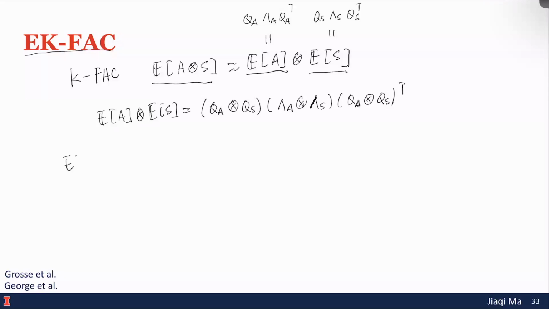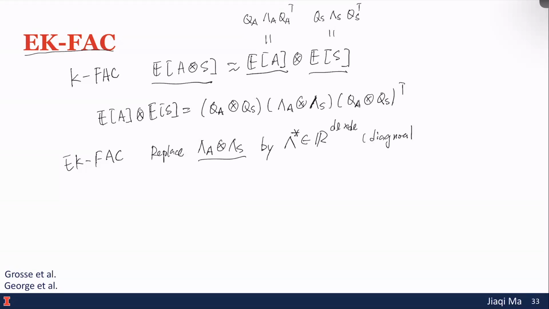So what EK-FAC is doing is basically to replace this lambda A Kronecker product lambda S, which is still a diagonal matrix, by another diagonal matrix, lambda star, that is DL times DL dimension, the same dimension as this one, and also diagonal.